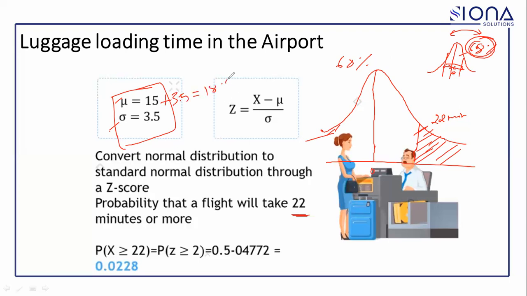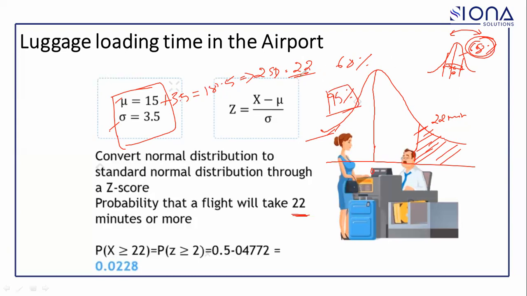Coming to this example, what is your mean plus standard deviation? This is 18.5. What is mean plus 2 standard deviations? 22. That is 22. What is the probability that the point will lie within 2 standard deviations? 95%.